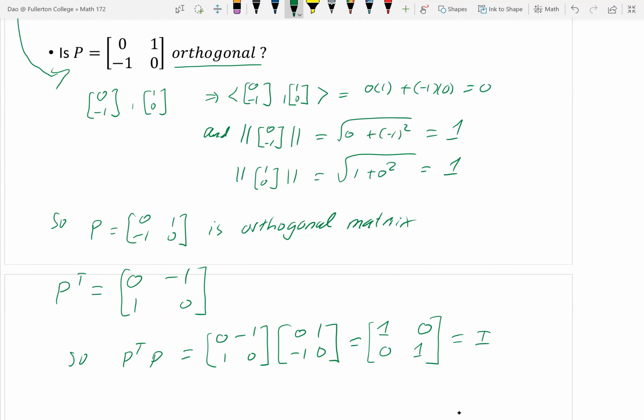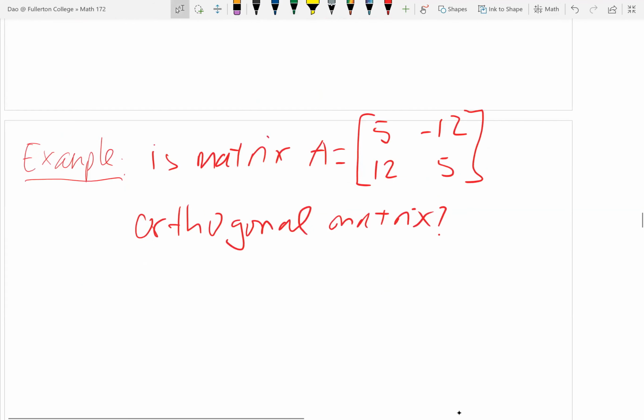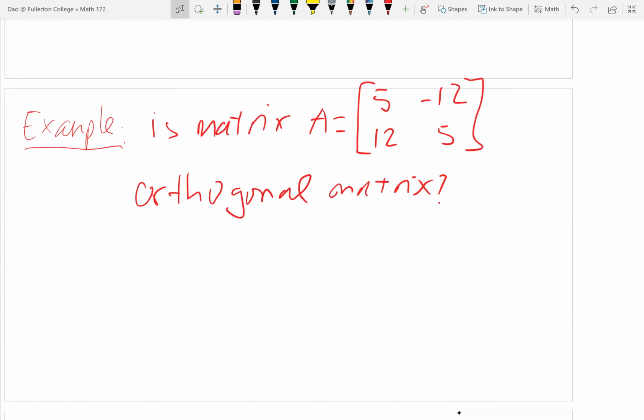All right, so the next example: is the matrix A, 5, -12, 12, 5, an orthogonal matrix? Let's see. When you do A transpose times A, see what you get.